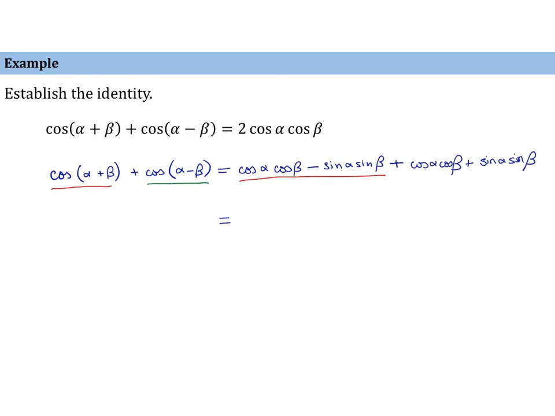Now we have a negative sine alpha sine beta, and a positive sine alpha sine beta. Those will add out to 0. And then we have a cosine alpha and a cosine beta, and a cosine alpha and a cosine beta. So we have 2 of them. And we have the right-hand side.